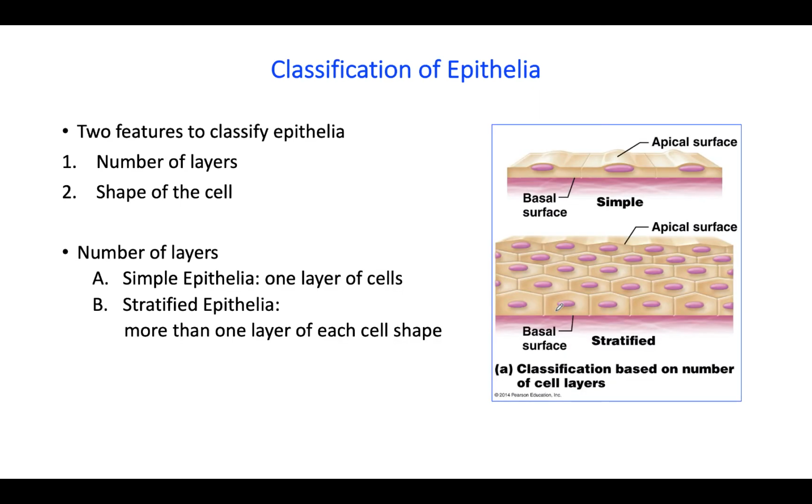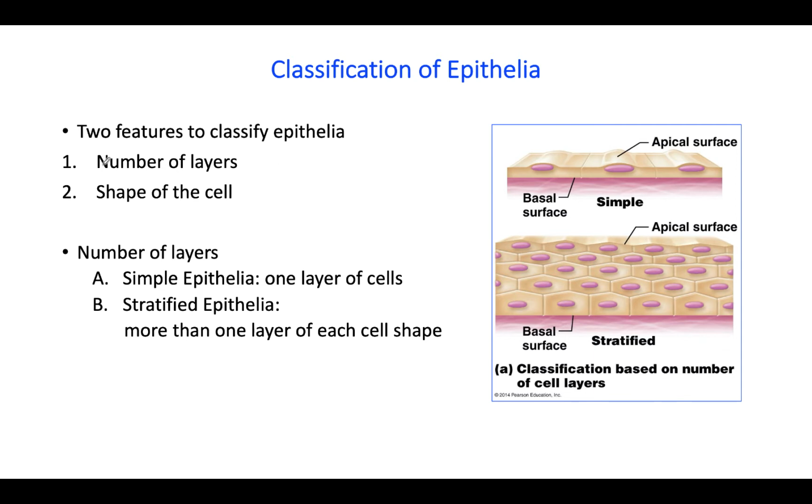Epithelia are classified according to two criteria. First, the number of layers. In other words, the relative number of layers. Some epithelial tissue has only a single layer. And the second criterion is the shape of the cell. So these two criteria generate the names of the types of epithelial tissue.